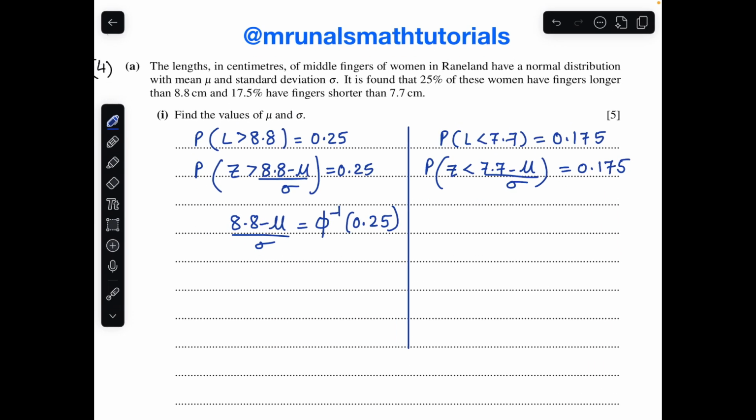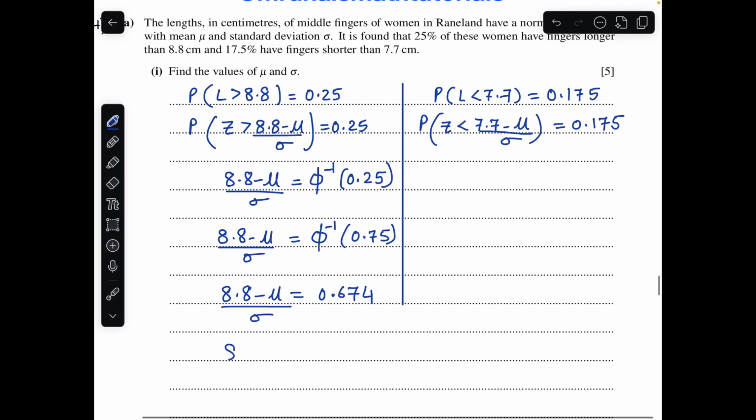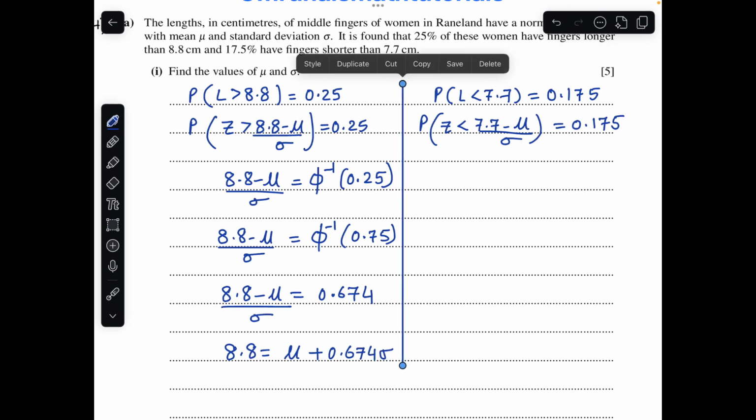So you have to do 1 minus. If you do 1 minus 0.25, it's going to give you 0.75, and we can see that this is going to be 0.674, and the first equation is going to be 8.8 equals mean plus 0.674 sigma. All right, that's your first equation.